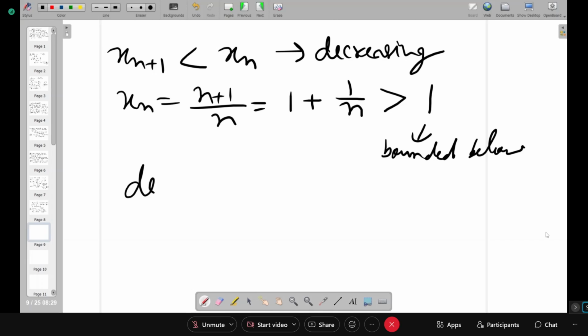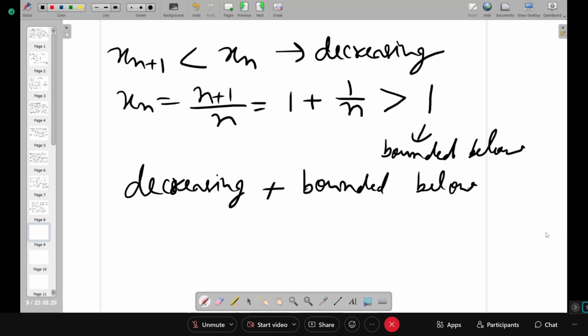So decreasing plus a bounded below element you are able to find. So by this criteria, the sequence is a convergent sequence. Okay. So in this way, you can write.